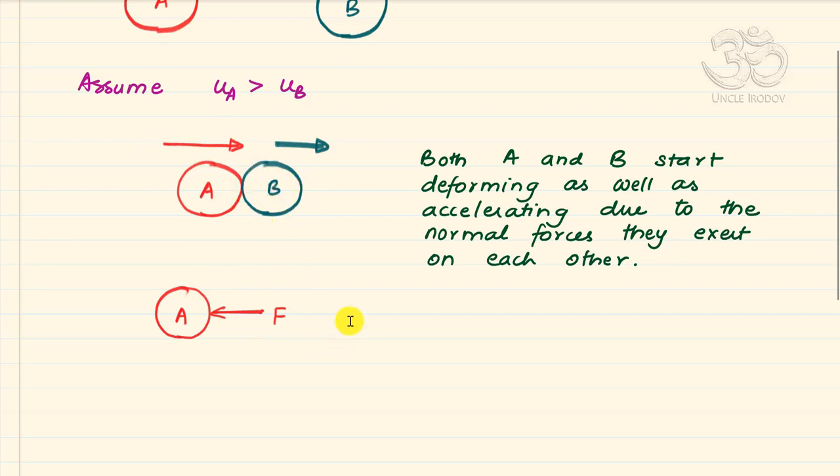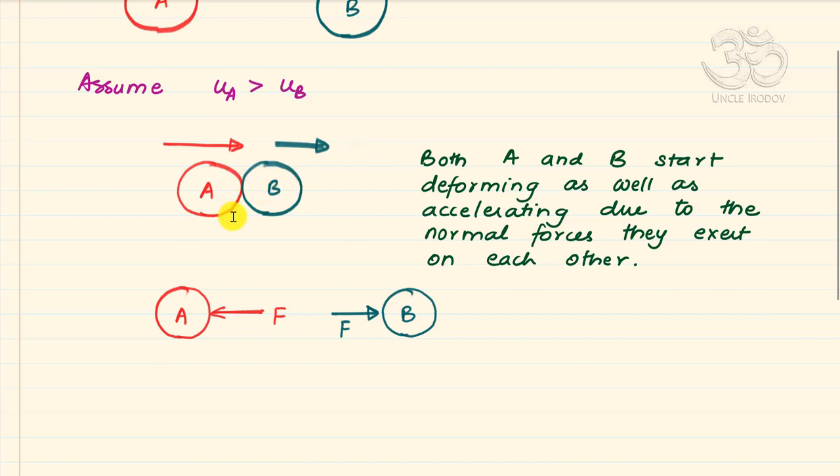And there is a force on B in the rightward direction, like this. This force will again be F in magnitude because of Newton's third law, and because of this force B is going to speed up. So the red velocity vector is going to become shorter and shorter with time, and this green vector is going to become longer and longer with time.